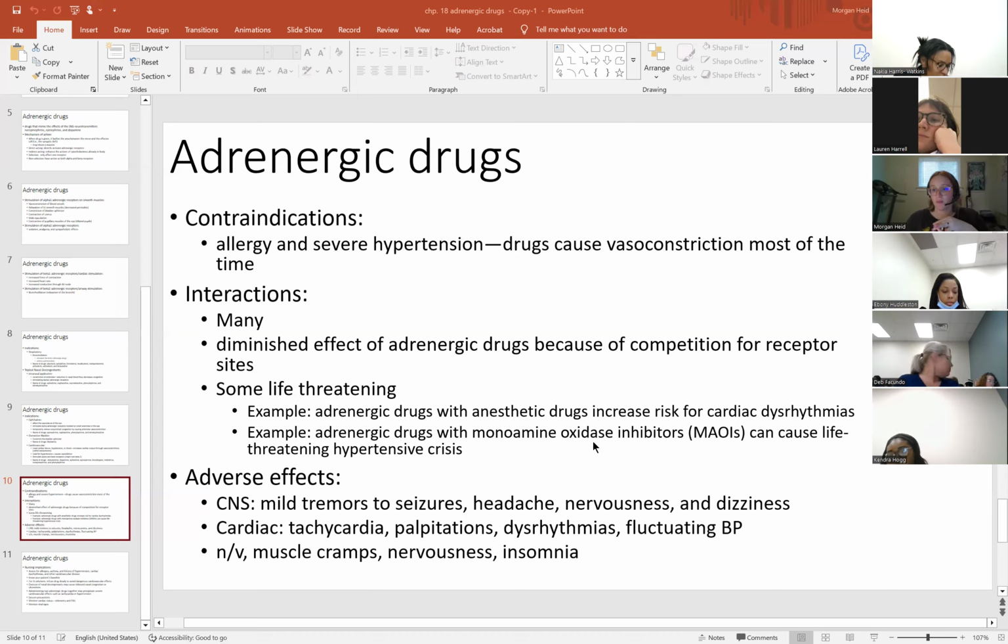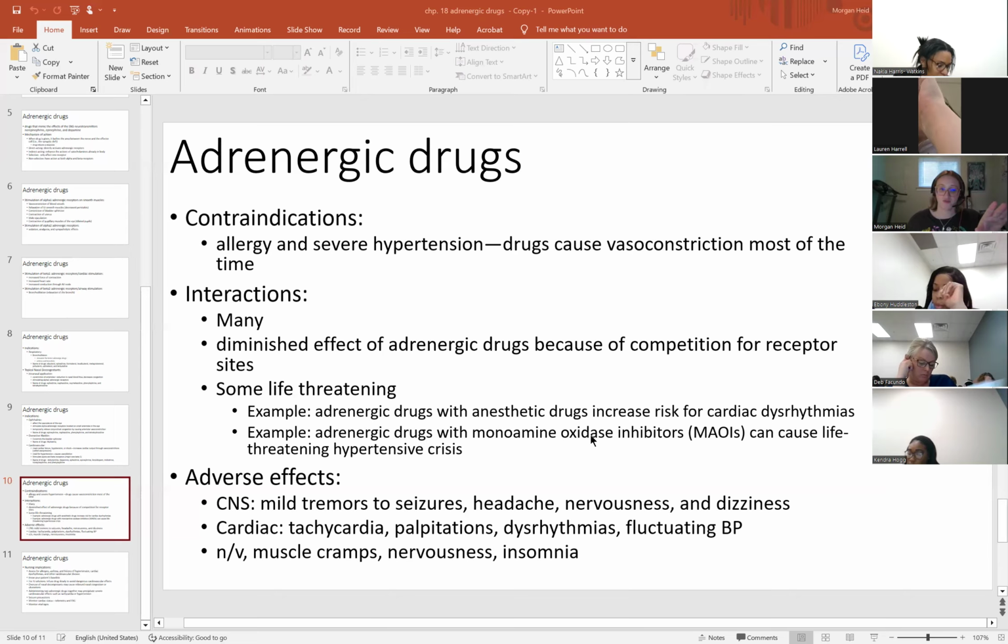I just broke them up by body system and usage. Does that make sense? So for all of those that we just talked about, I'm going to go over the contraindications, interactions, and adverse effects. I just lump them all together as adrenergic drugs, okay? Does that make sense?